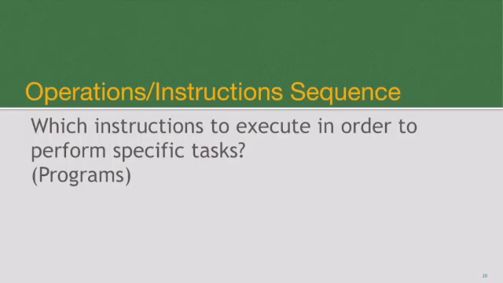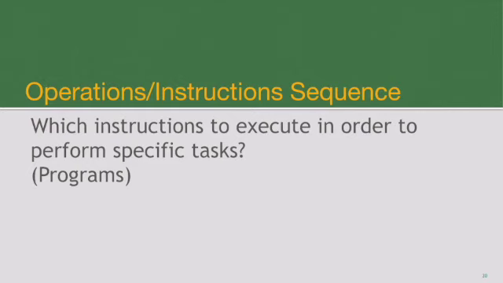So these were the instructions. Now you see that the instructions appear as a sequence. All of them were just a sequence. So how do we know which instructions to execute in order for a specific task to be performed? For example, if I want to move the mouse on my screen, what should be the sequence of instructions?